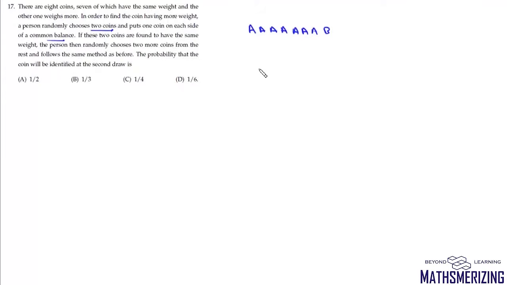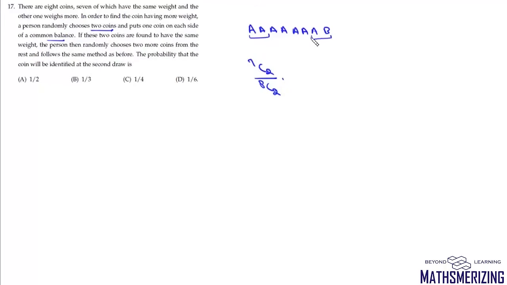So that means in the first draw, we must get 2 identical coins. So here this probability will be 7C2 upon 8C2. Now in the next one, we must have 1 identical coin and this 1 distinct coin.